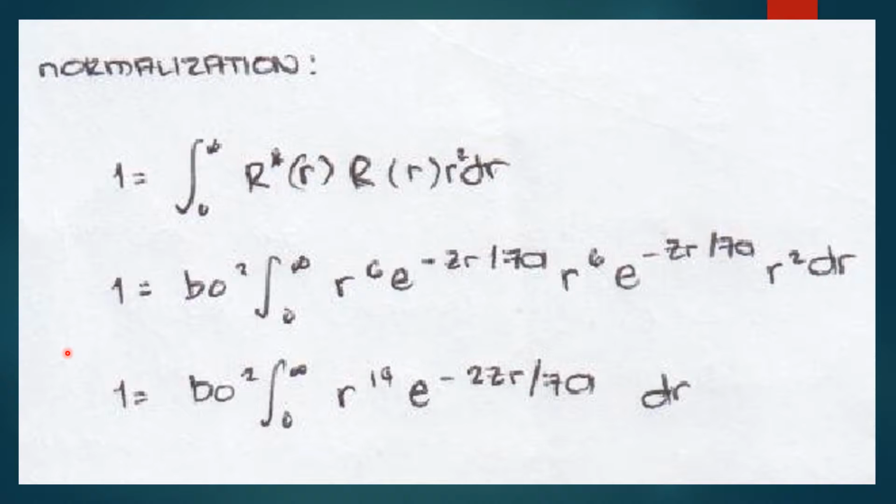Now, 1 is equal to b0 squared integral of r raised to 14 times e raised to negative 2Zr over 7a dr from 0 to infinity.